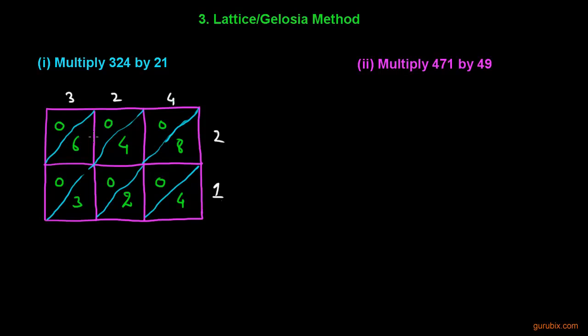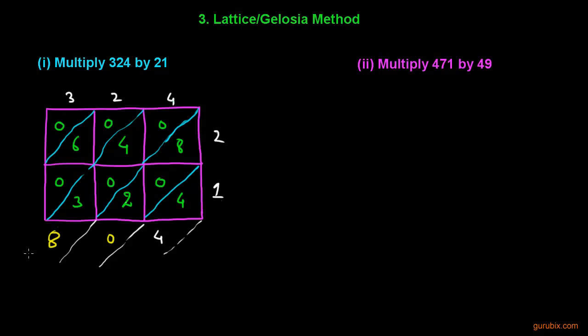So we have filled all the places in the boxes, and now we shall start adding these numbers diagonally. And if we add this diagonal, we just have 4. If we add 8, 0 and 2, then we have 10, and therefore we shall write 0 here and carry 1 to this diagonal. If we add 4 plus 3, we have 7. 7 plus 1 is 8.